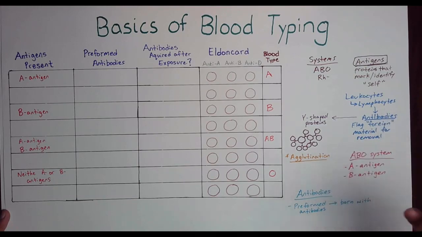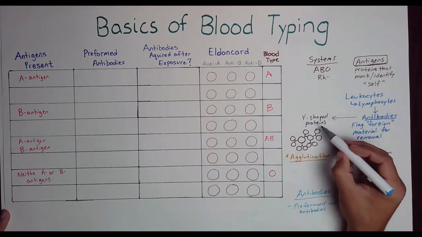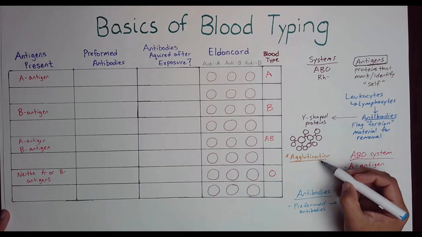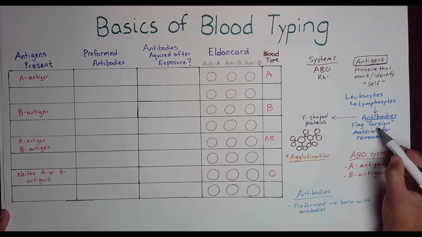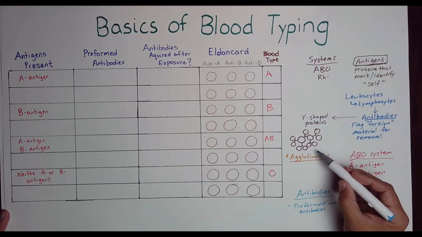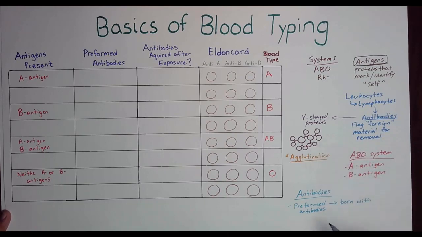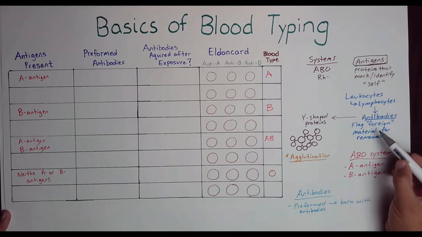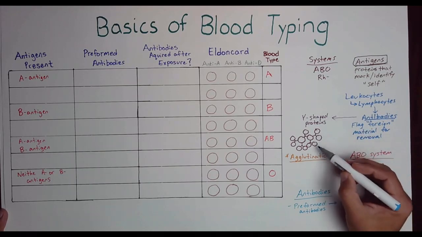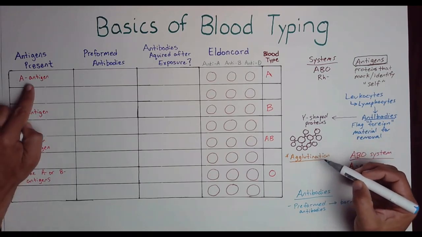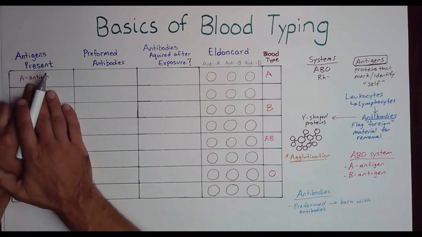These antibodies that your blood has cause agglutination of things that are foreign. So if something does not belong in our body, it's going to go through a process of agglutination. I'll say it again. If we have a preformed antibody, if something foreign enters our body, and we have the antibody for it, then that's going to cause agglutination. So if we're an A antigen, let's go back up here.